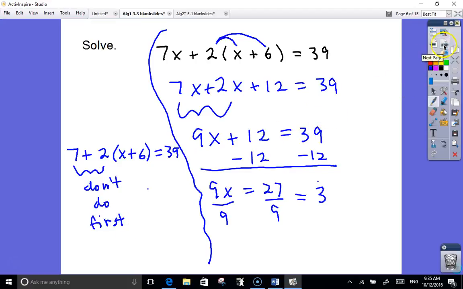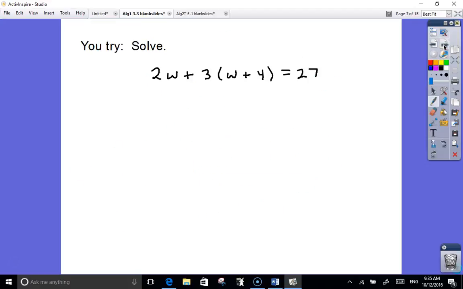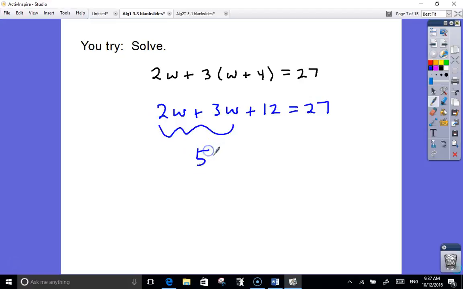So now here's one for you to try that involves distributive property. 2w plus 3w plus 12. Combine like terms. 5w plus 12 equals 27.